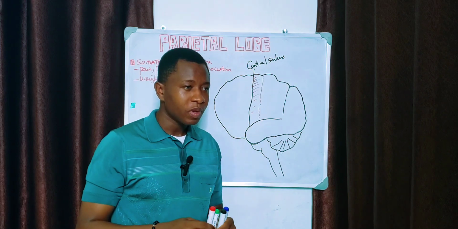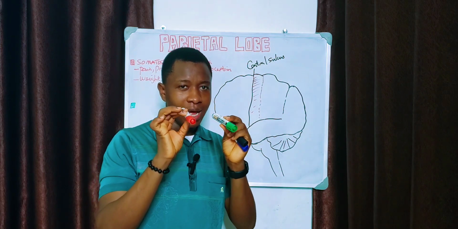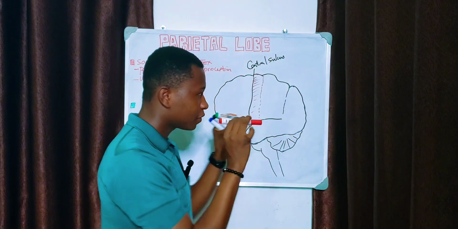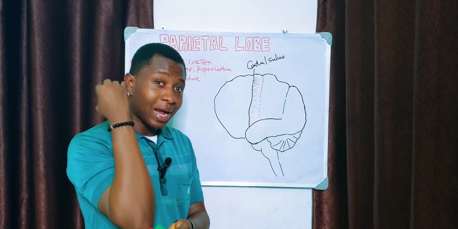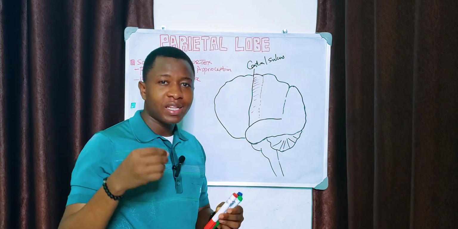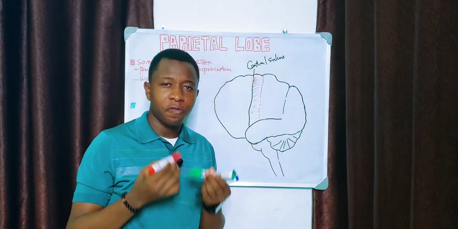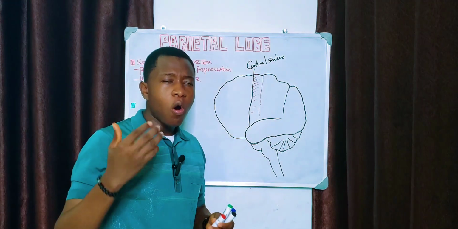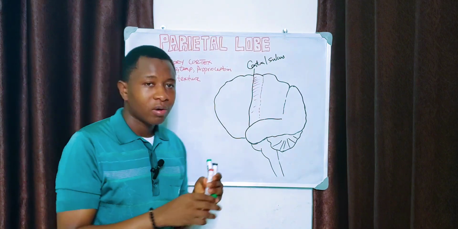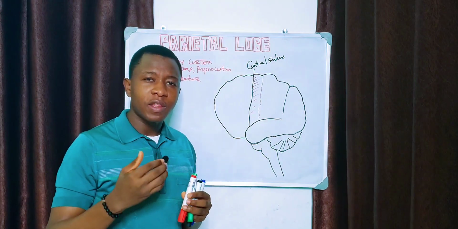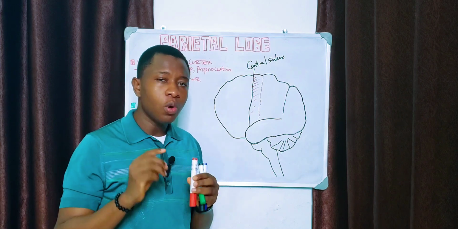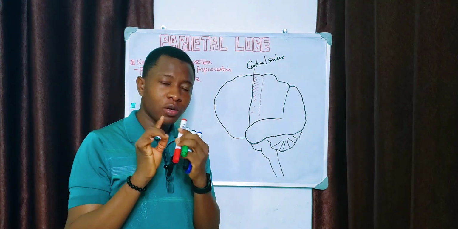Now, that is where we have the 2-point discrimination test, where if you place 2 points on certain parts of the body, the person may be able to feel that it is just 1 point. In that particular part, the sensory neurons are there, but they are not really packed. If I place these 2 points at the back of somebody, or at your elbow, you may feel just 1 point. But if I place it on your face, where you have more of these sensory neurons, you'll be able to feel 2 points, even though the points are very close.